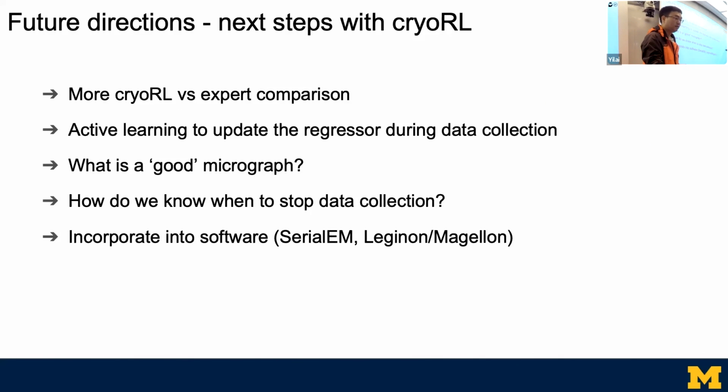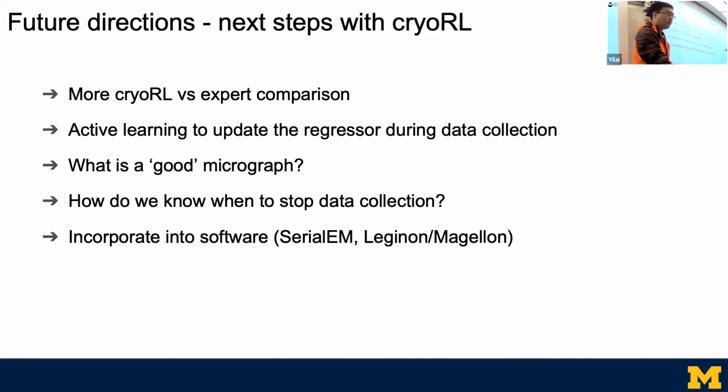And we can use active learning to update the regressor during the data collection to predict more precisely with higher accuracy. And that'll help with the trajectory planning for the policy network as well.